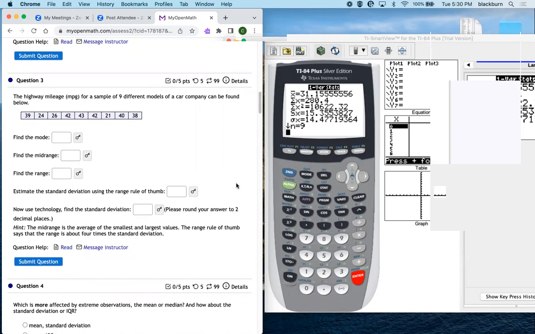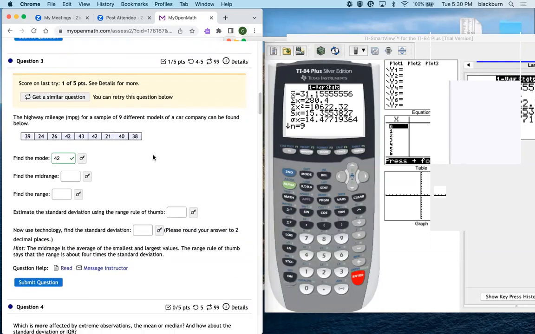The mode is the data point that happens the most. So you look at this, it looks like 42 happens twice, right? So that is going to be 42. And then they give you a couple of hints down here. The mid-range is the average of the smallest and largest values.